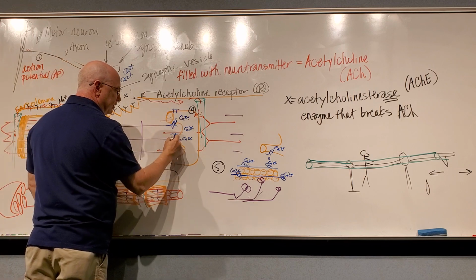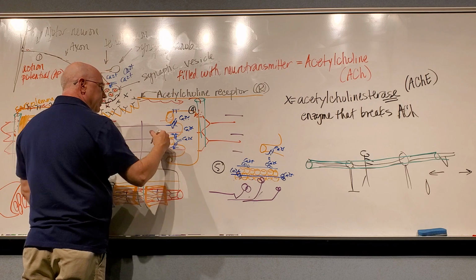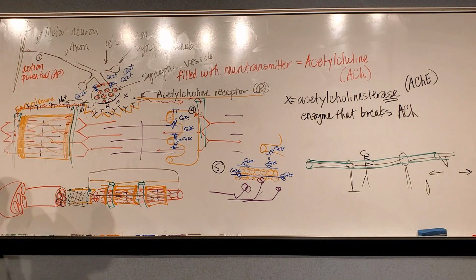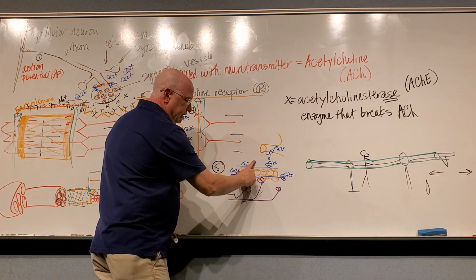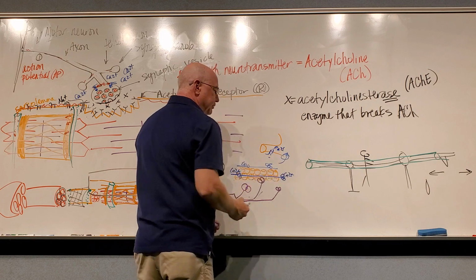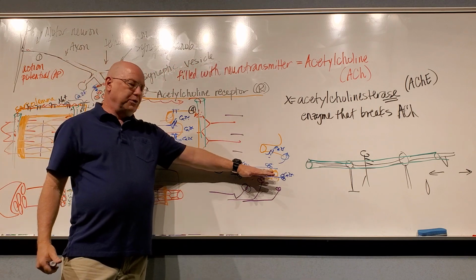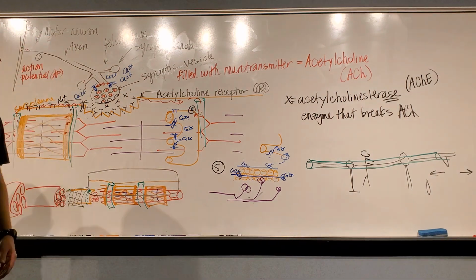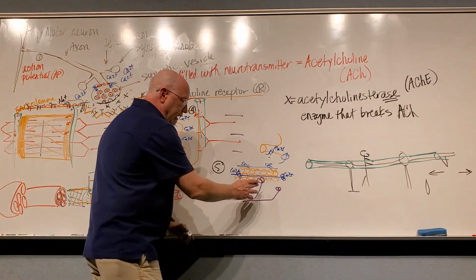All those calcium channels would close, and then we actively pump all the calcium back into the sarcoplasmic reticulum. As I remove the calcium here and pump the calcium back in using a calcium pump, the troponin will go back to its original shape, putting tropomyosin over the active site. The myosin heads can no longer bind.